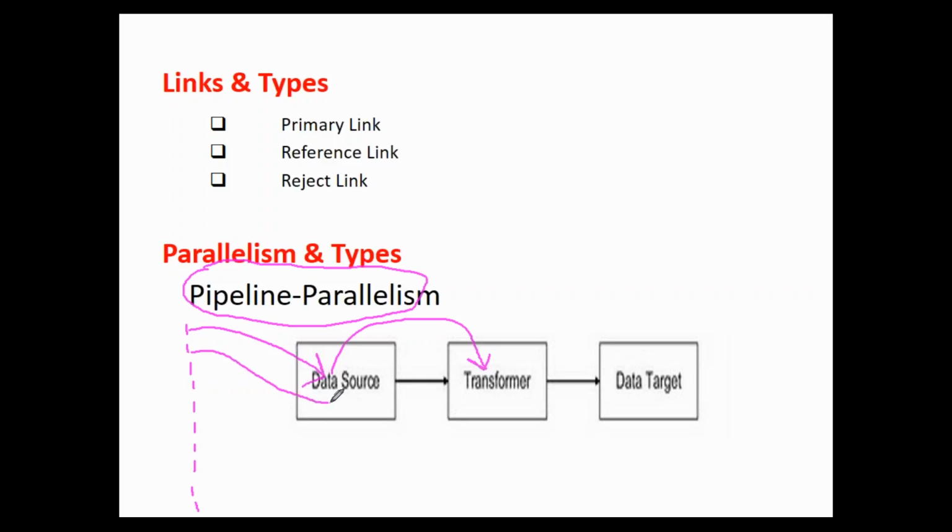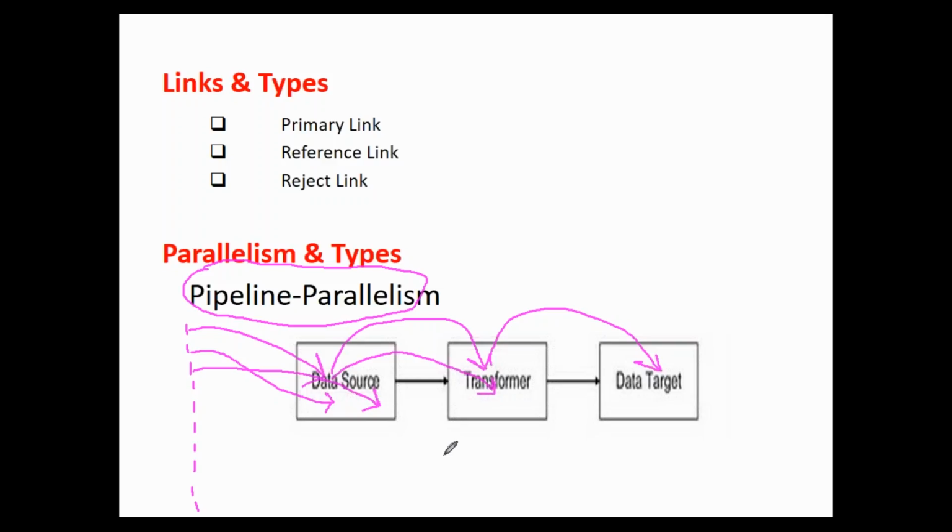Meanwhile, the second record will be extracted. The first record is processing in the transformation activity. Meanwhile, the second record is extracting. Again, the first record will move to the target, which means it will try to load the data into the customer dimension table. Meanwhile, the second record will be moved to the second stage, and the third record will be extracted in the source.